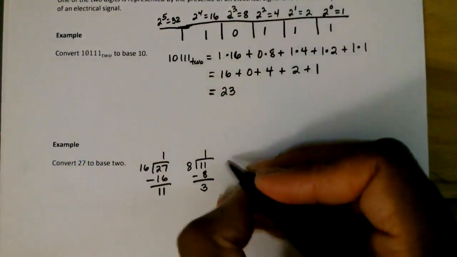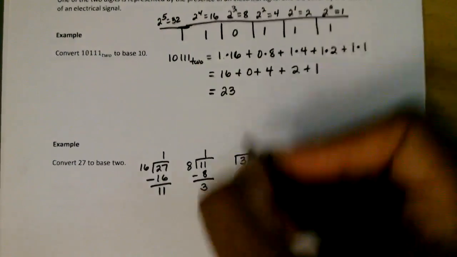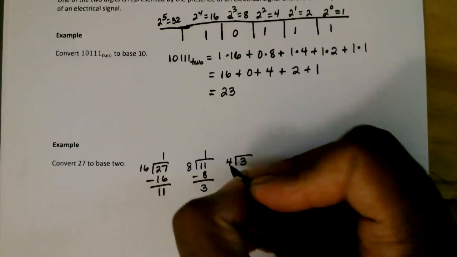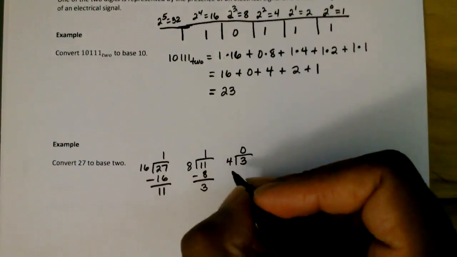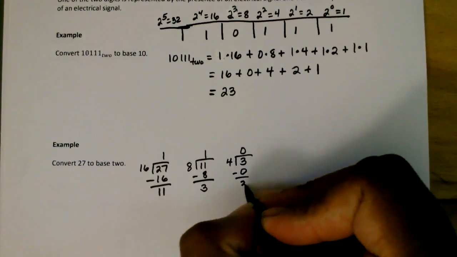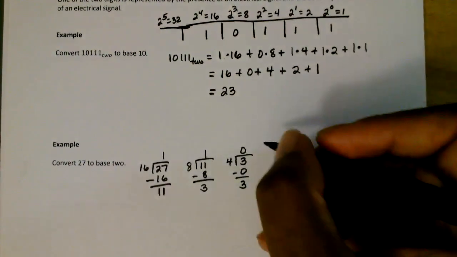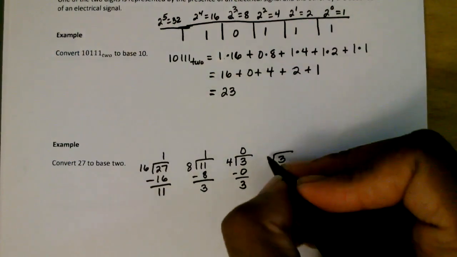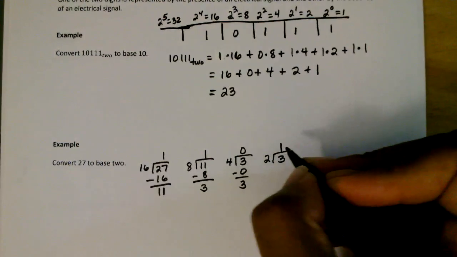And then take that 3, divide that by the next place value, which is 4. Well, 4 can't go into 3, so I have to put a 0 there. And that remainder will still be 3. So now we take the 3, divide that by 2. Well, 2 goes into 3 1 time.